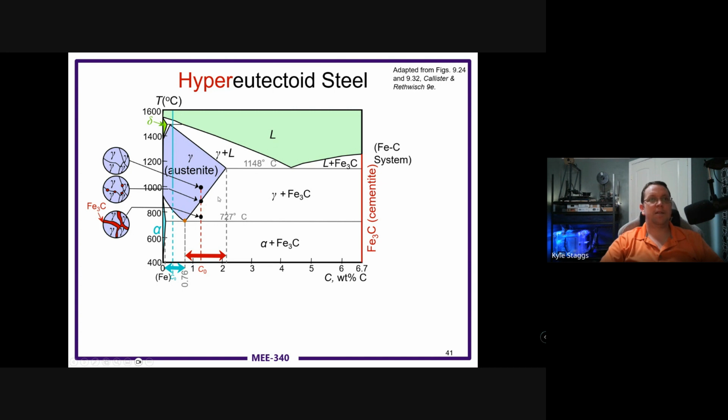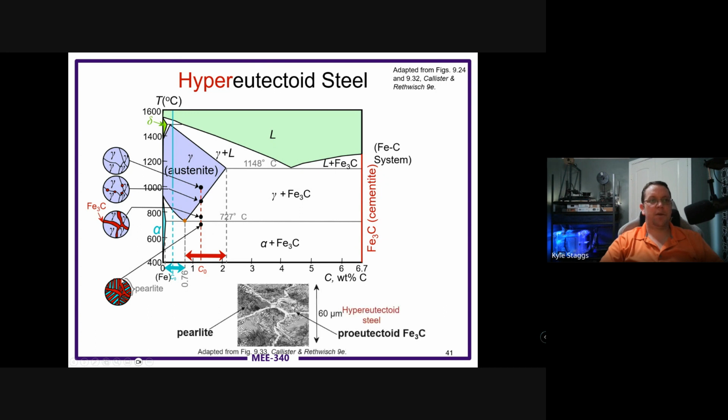So we don't have alpha yet because we're above the temperature at which alpha appears because of our increased carbon content. So this is cementite. That's why we're representing it in a different color here, because it is a different grain structure. So now you have cementite and perlite, and this is why these higher carbon content steels are very much harder. So you can see the perlite grains, and you can see the proeutectoid iron carbide, so the cementite in these regions.